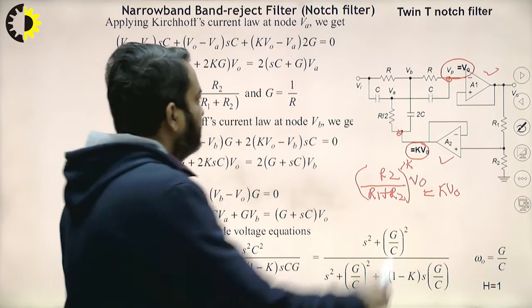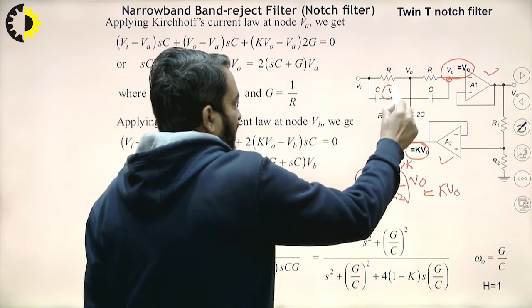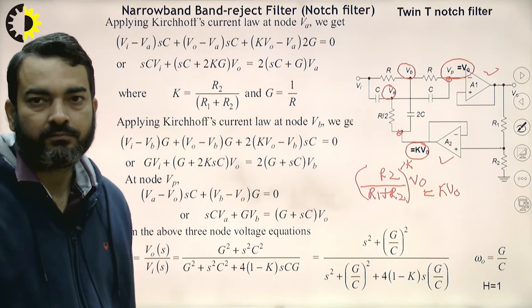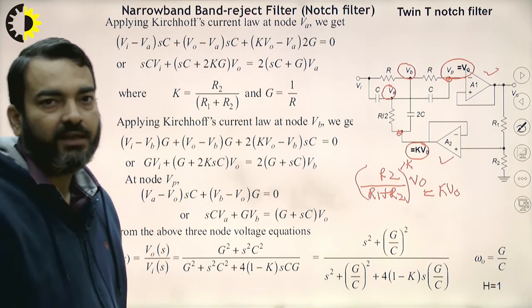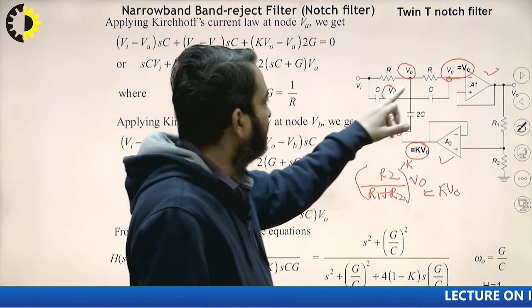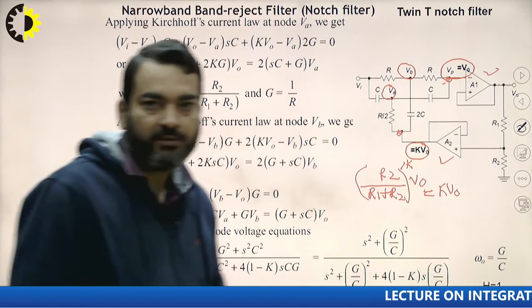Let's say this is node A and node B. We will apply KCL at this node and this node.